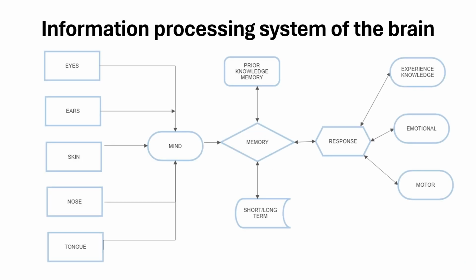Our brain is the seat of perception of our universe and the seat of volition and how we execute function. And in this information processing system, which I have modified from the models both in computing and in the brain, you can see how the mind, which is a function of the brain, perceives our universe through our senses.